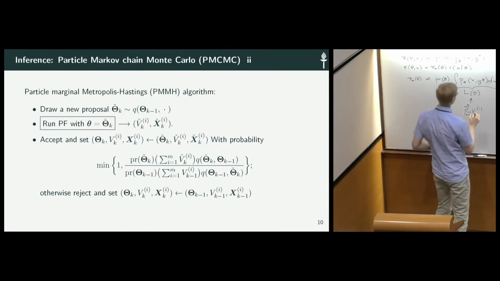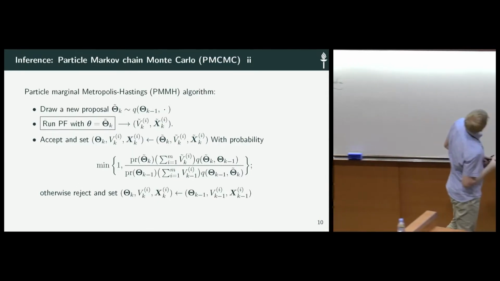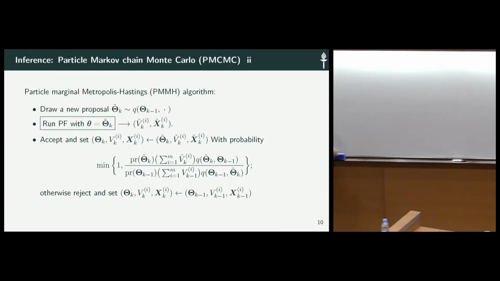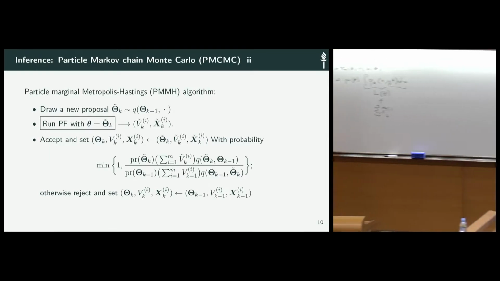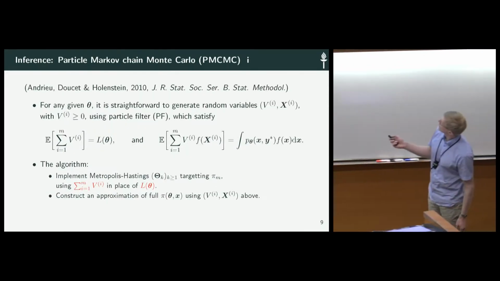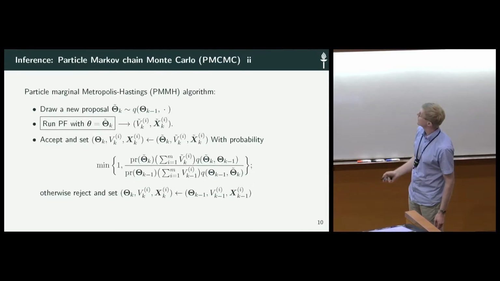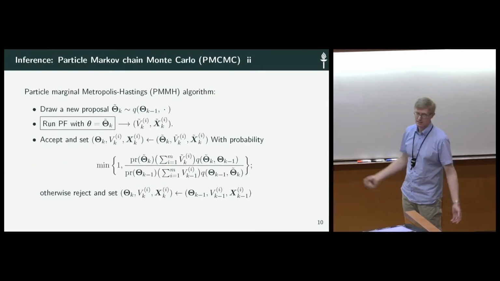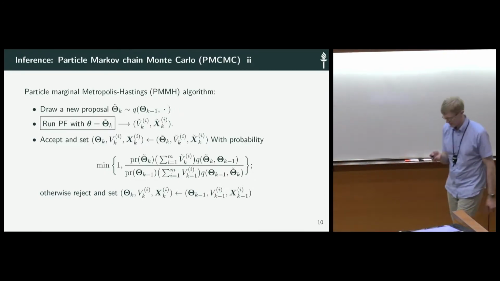It was a hat, I think, or tilde. Anyway, this is what you do. I was just saying that there's this unbiasedness property with the sum, so it approximates that marginal likelihood. But you just plug it in. It's a random variable, so you have some random fluctuations there.